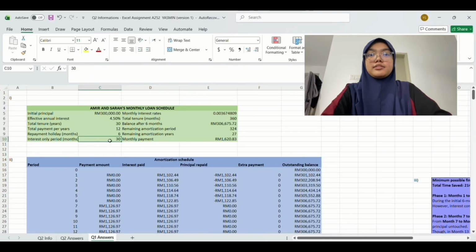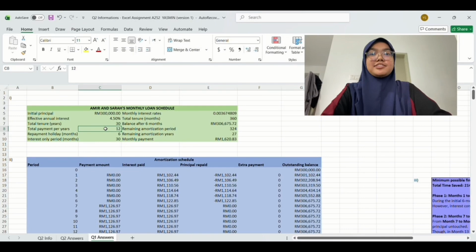Then I calculated the monthly interest rate since we needed to calculate the monthly payment. This is using the formula 1 plus 4.5% to the power of 1 over 12, minus 1. Then the total tenure in months is 360, which is 30 total years times 12, the number of payments per year.